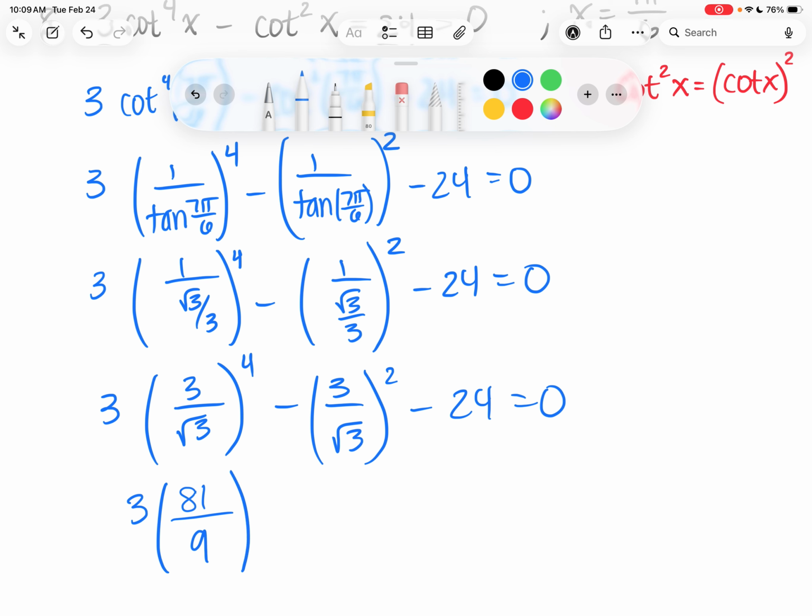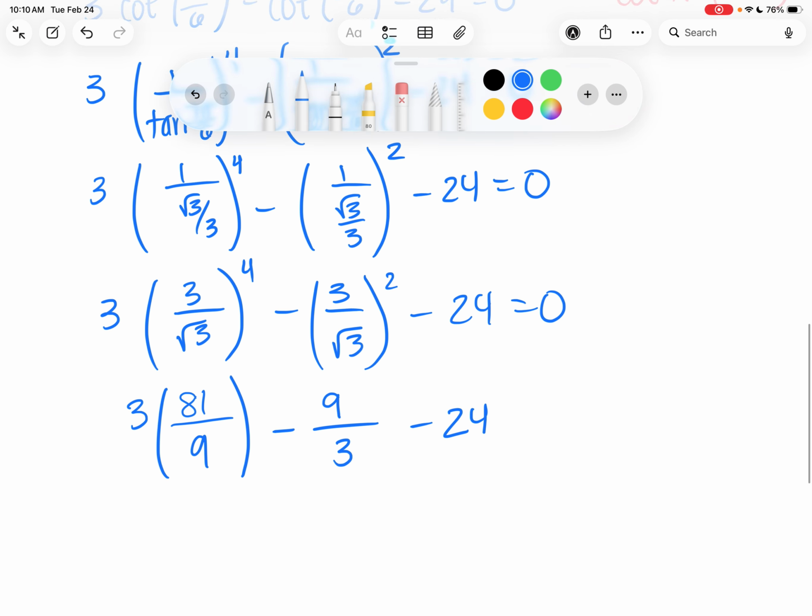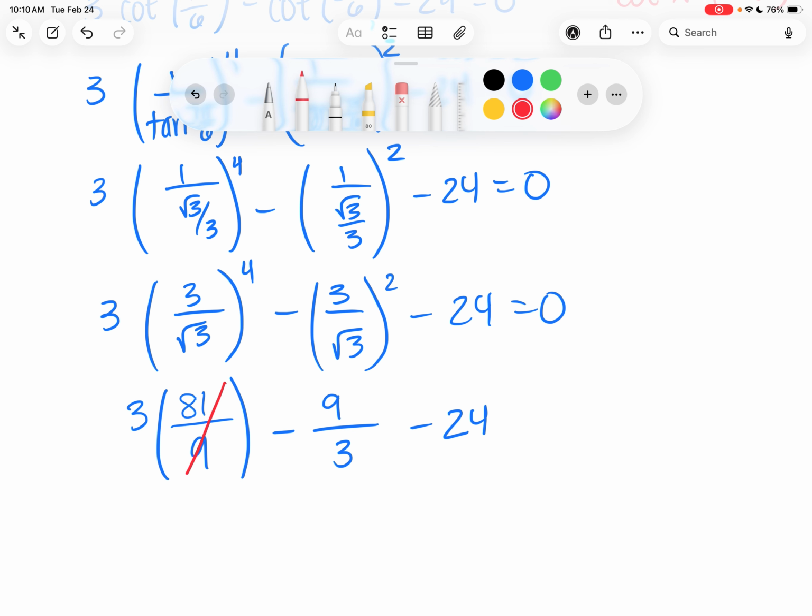Minus, over here, 3 squared is 9, and the square root of 3 squared is 3. So now, 81 over 9 is 9. 9 over 3 is 3. So I've got 3 times 9 minus 3 minus 24. So this is 27 minus 3 minus 24. 0 equals 0.